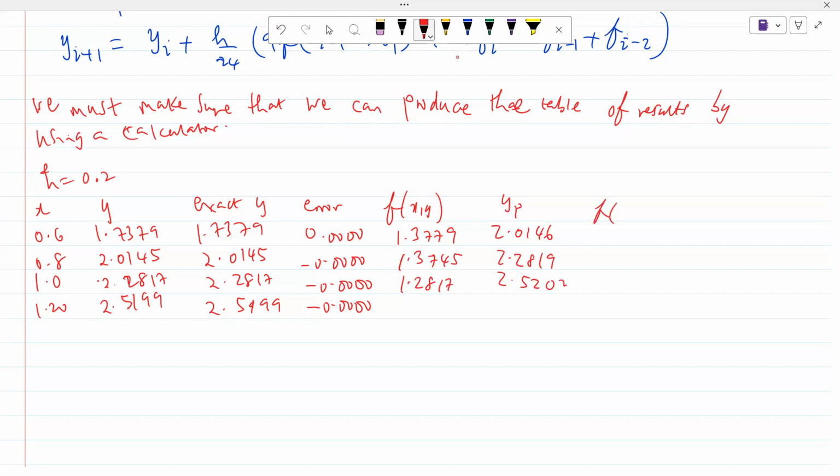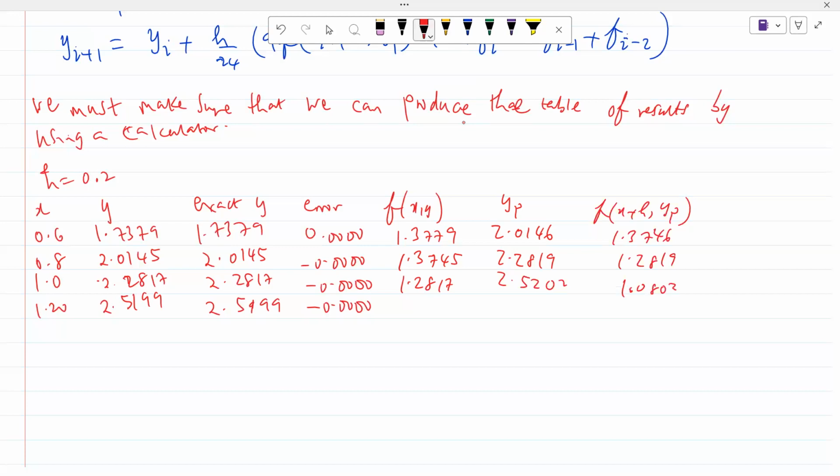And then f of x plus h, y p: 1.3746, 1.2819, and then 1.0802.